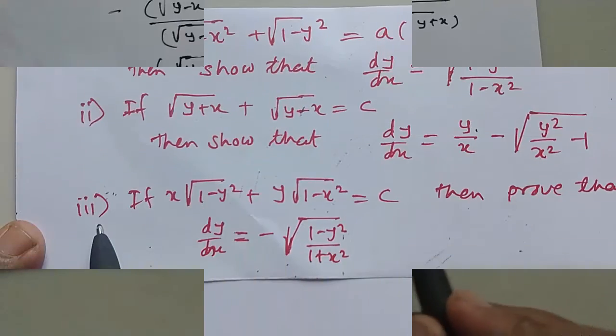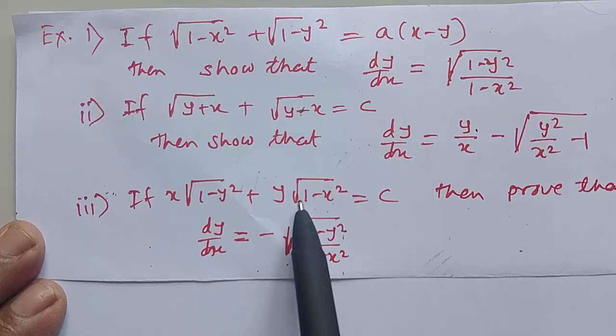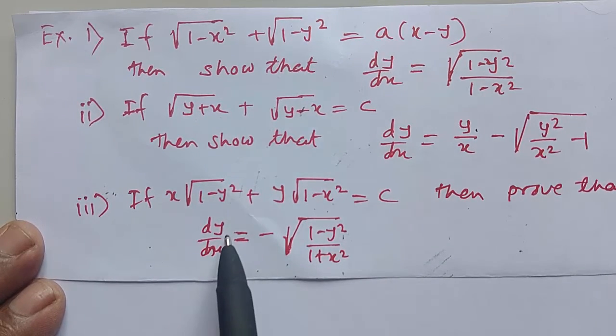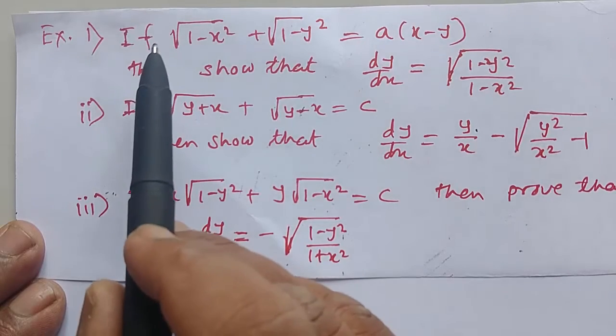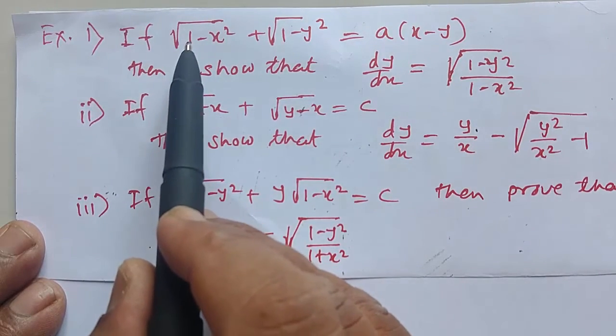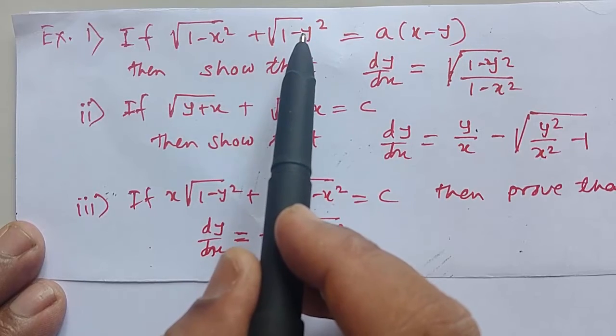So we get the answer. Example number 3. If x is equal to under root of 1 minus y square plus y into under root of 1 minus x square is equal to c, then prove that dy by dx is equal to minus under root of 1 minus y square upon 1 plus x square. As we have seen in example number 1, if the expression has under root of 1 minus x square, then we substitute x is equal to sin alpha and y is equal to sin beta.